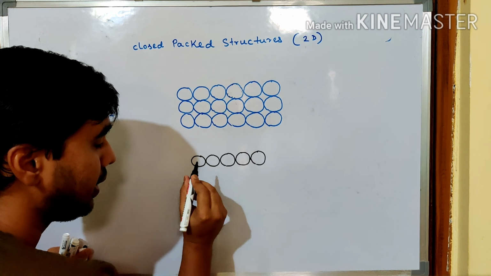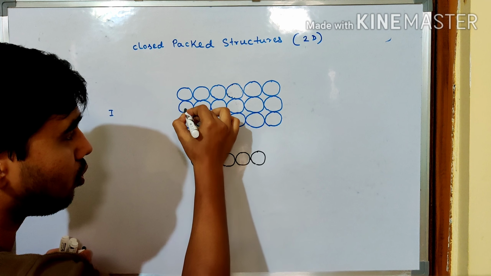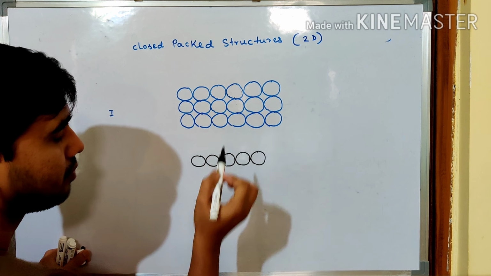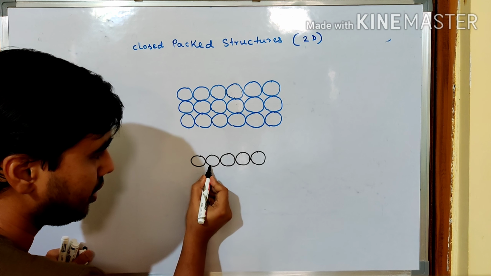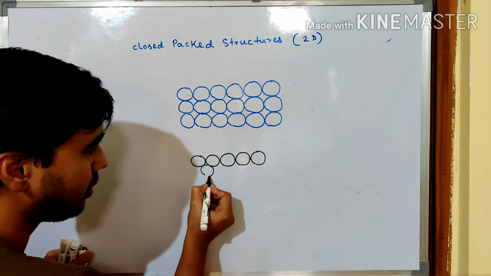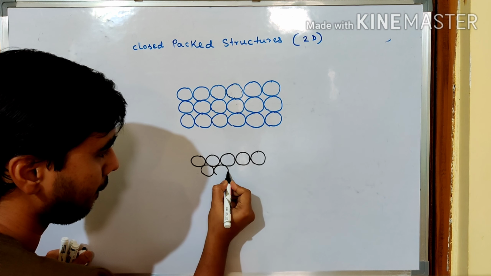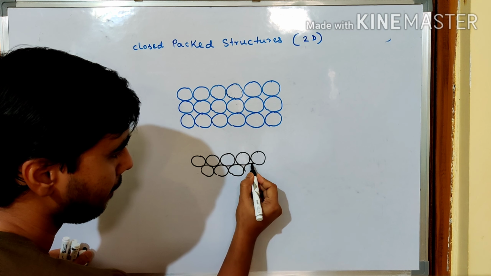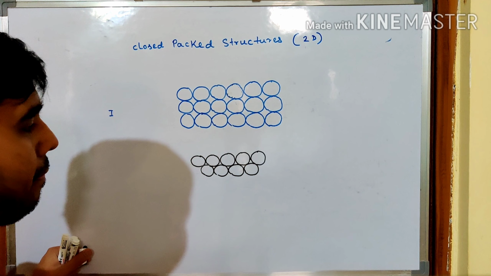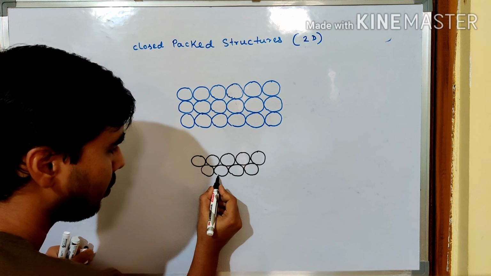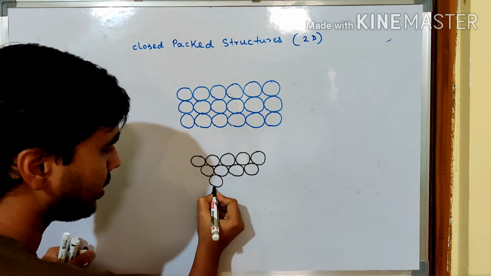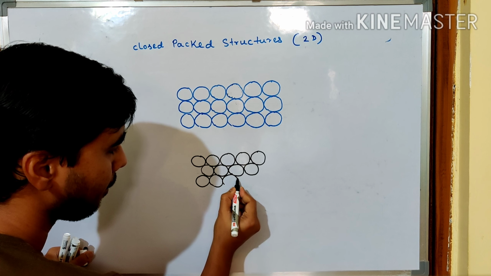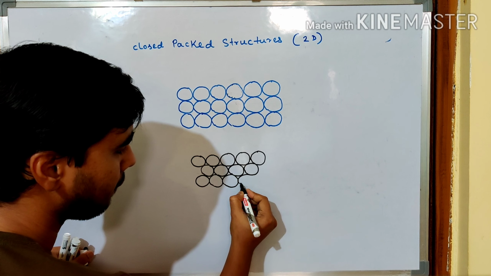Now the second layer. Here you see all the layers are attached only on this part, but at the depression, if another layer is kept here, similarly the next layer will also be drawn at the depression of the previous layer.